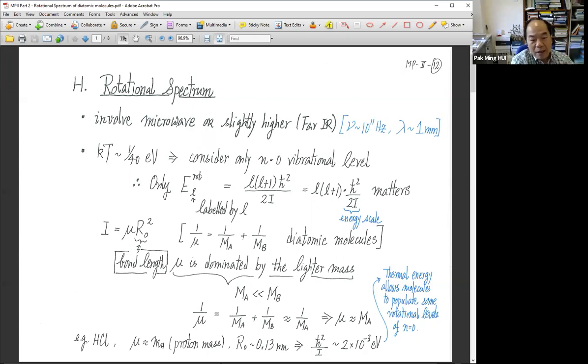So thereby, we already have this idea in mind that we will have something to do with transitions between rotational states. That is to say, from one L to another L, okay? But all the things will happen in the same lowest vibrational level. So that will be called the rotational spectrum.